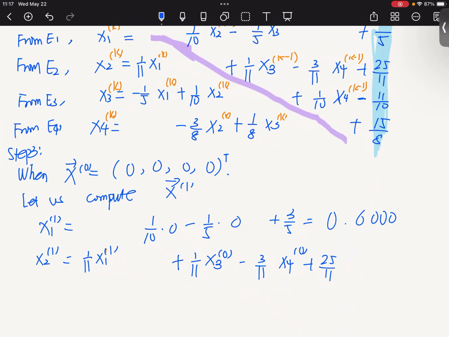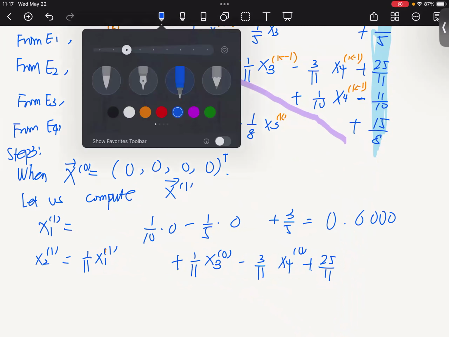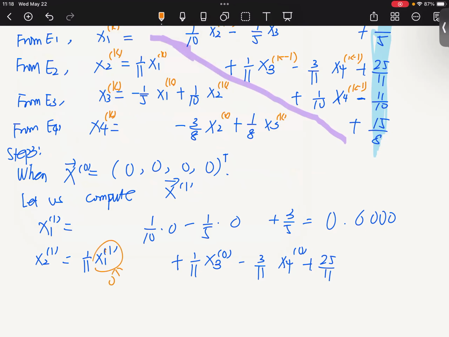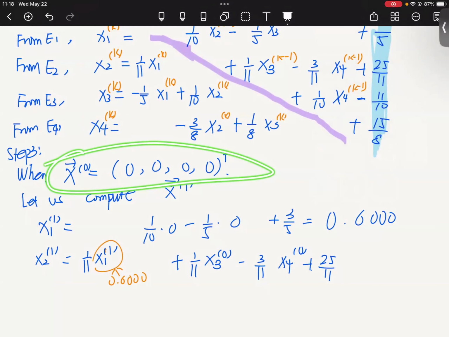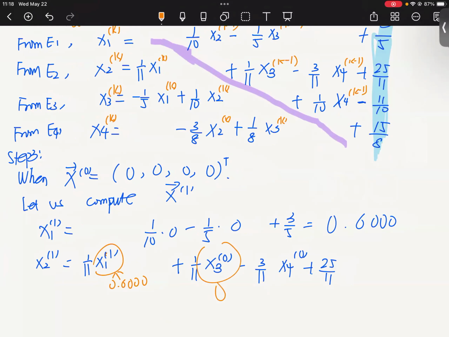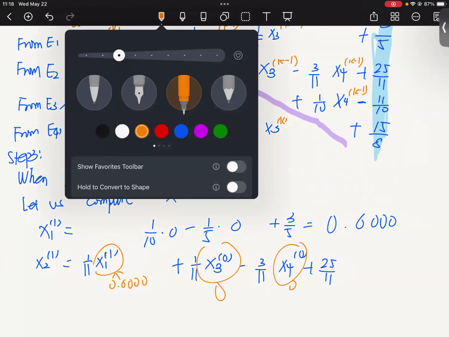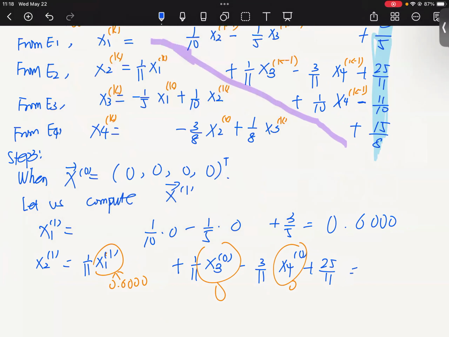Now for x1,1, you replace the number here with 0.6000. If you look at the x0 vector, the third component is 0, and the fourth component from the 0 vector is also 0. So we have 0 here and 0 here.